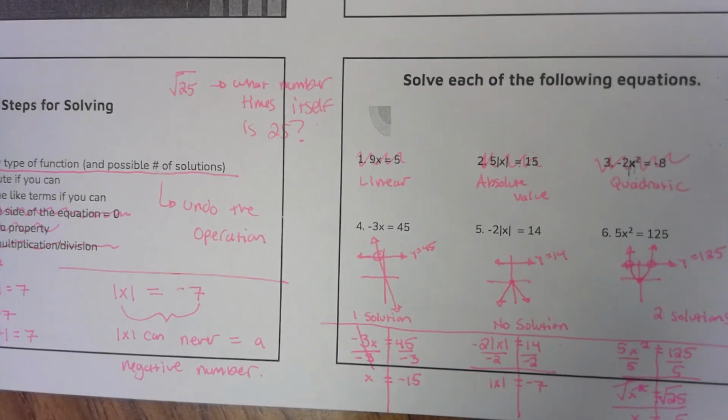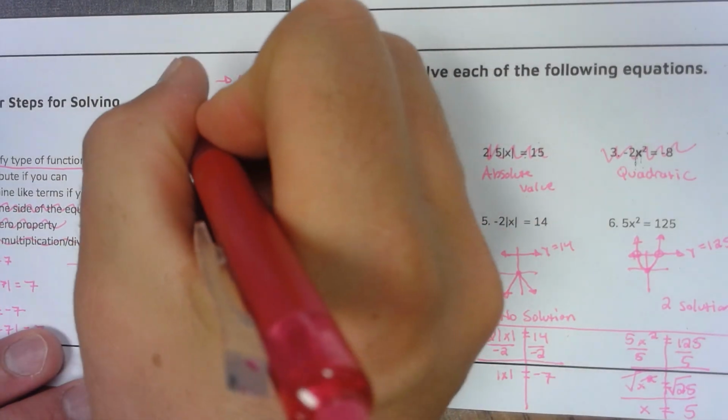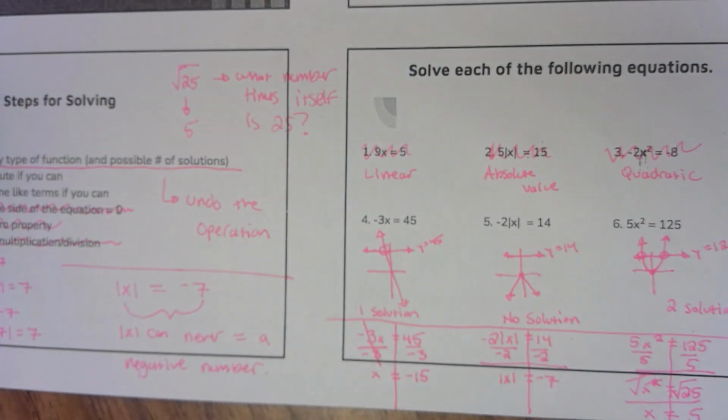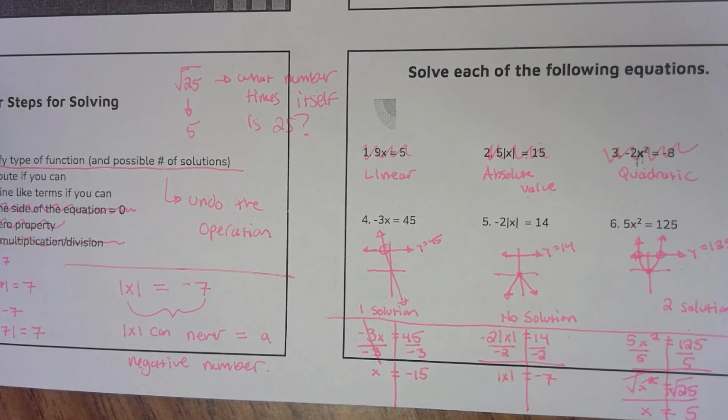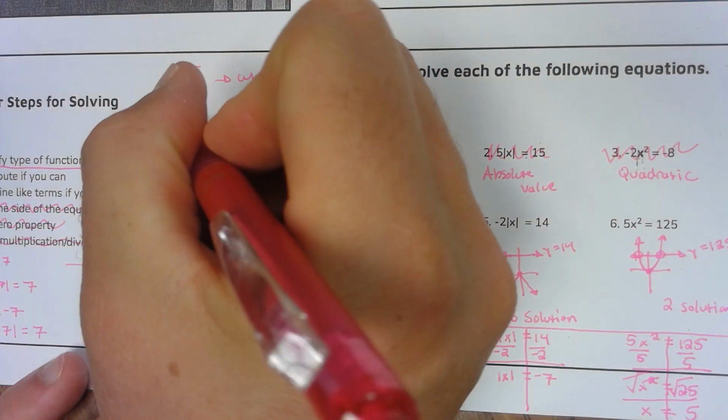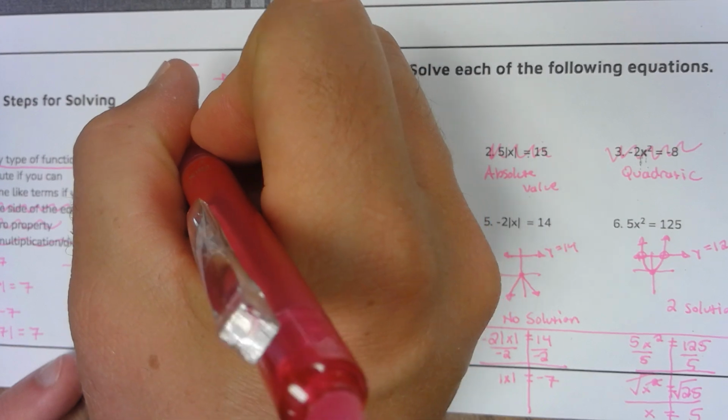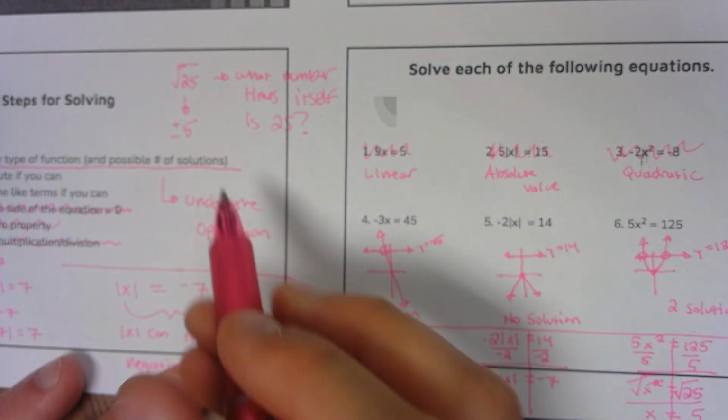The easy answer to that is 5. Right? 5 times 5 is 25. But is there another number times itself that gives us a positive 25? Brian? Negative 5. Positive 5 times positive 5 is 25, as is negative 5 times negative 5.